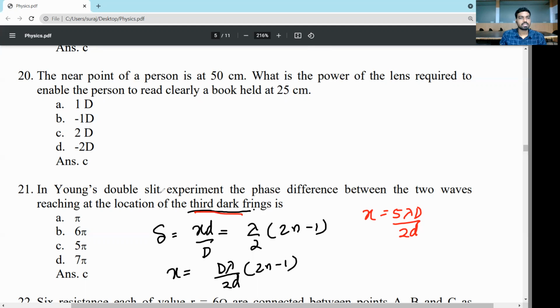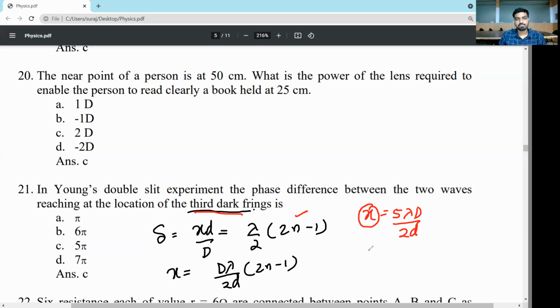At this point, what do I want? The phase difference between the two waves reaching the location of the third dark fringe. So this is the path difference, no? This is x.